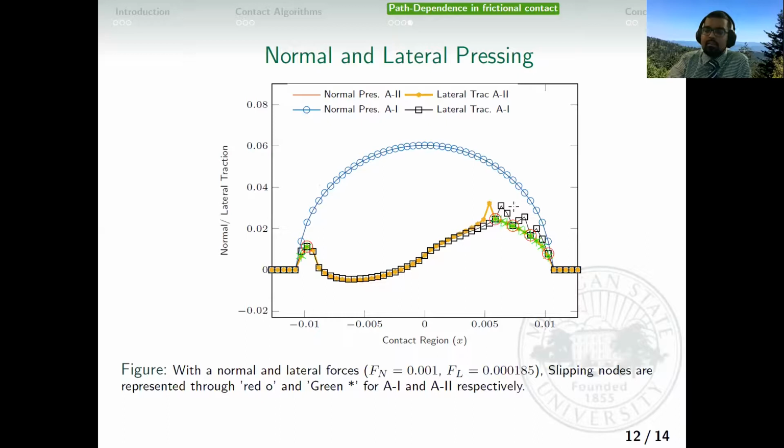In the slip region, you can see there is a zigzag in the lateral traction we calculated from the conventional algorithm, whereas the method of first violation provided a smooth solution with a proper separation between the stick region and the slip region, and provided a proper solution here.